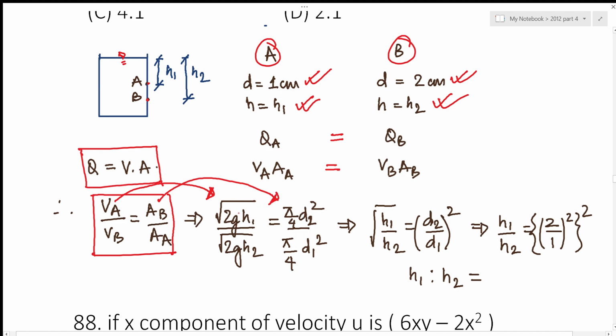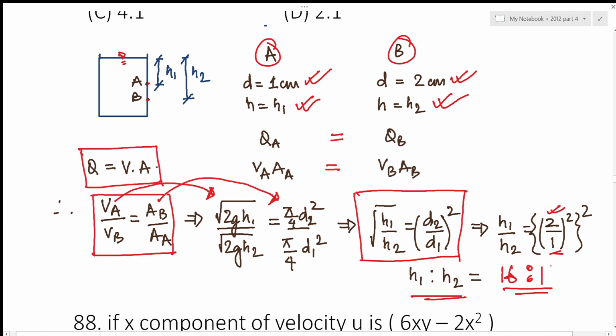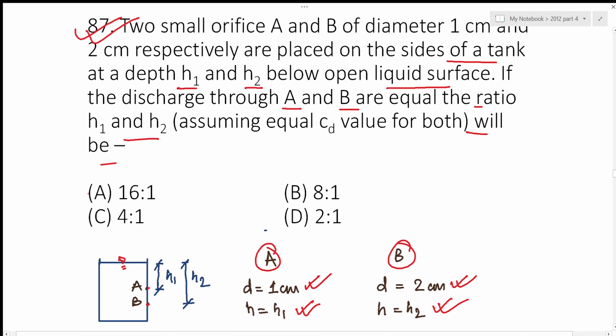After cancellation, the equation comes out to be root over h1 by h2 is equal to (d2 by d1) whole square. So h1 by h2 would come out to be (d2 by d1) to the power 4, where d2 is 2 and d1 is 1. So the answer h1 is to h2 would come out to be 16 is to 1. The correct option is A.